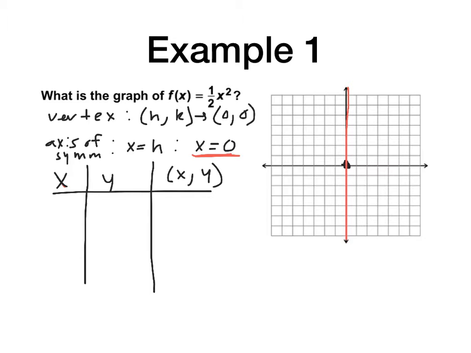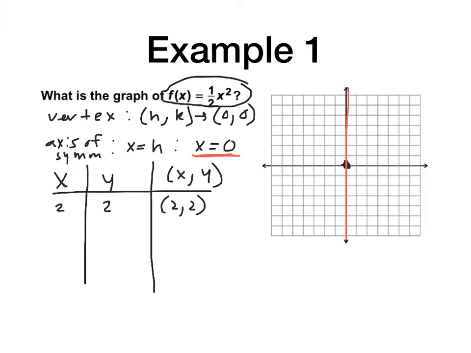So what's a number we can plug in for x? 2. So when we plug in 2 into this equation, what do we get? What's 2 squared? And what's 4 divided by 2? 2. So we get 2 as our y. So one of our points on this graph is going to be 2, 2.